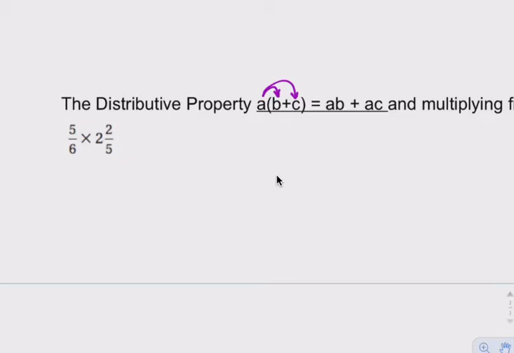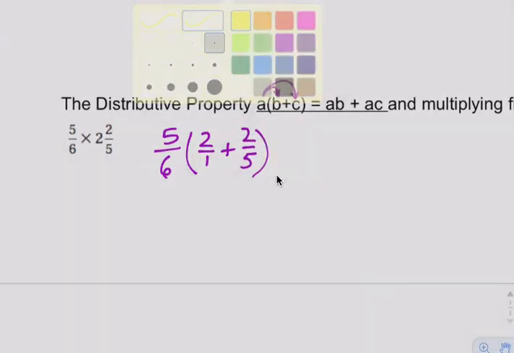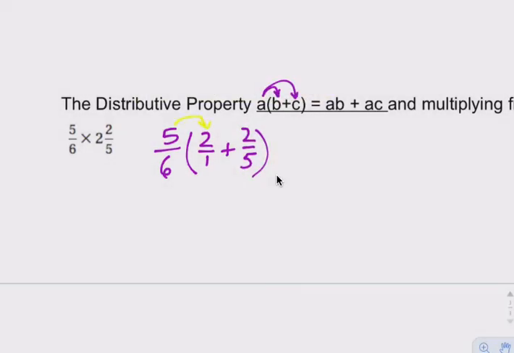So another way to look at 5/6 times 2 2/5 is to look at it as 5/6 times the quantity of 2 plus 2/5. And the distributive property looks something like this: 5/6 times 2 over 1 plus 5/6 times 2/5.